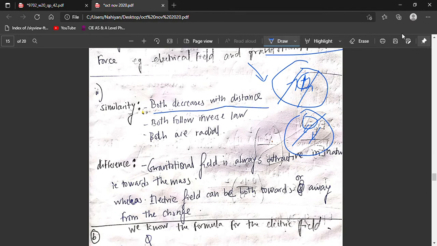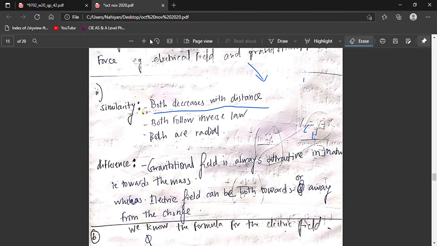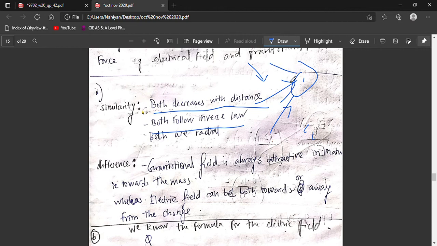And they don't just decrease, they decrease with the square of the separation. So both follow an inverse square law, and the third one is both are radial. If a mass attracts, or if there is a gravitational field working, it works radially, as you see.